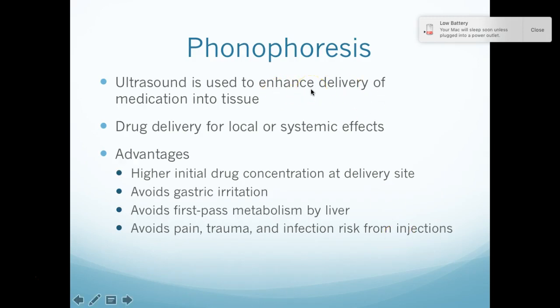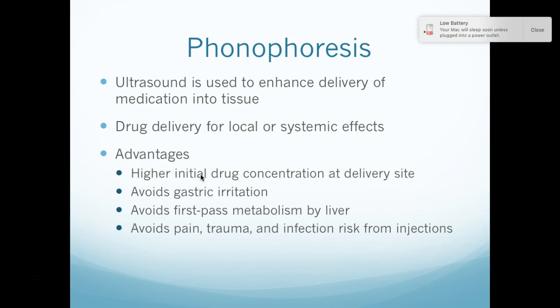Phonophoresis, we talked about that. It's just a special kind of medicine that we get, an anti-inflammatory, and it's pushed through with the ultrasound at a pulsed rate. It talks about the advantages, which you'll probably want to know for the exam and to know why we would do this. So it definitely avoids any kind of those side effects that you might get from anti-inflammatories or pain pills.